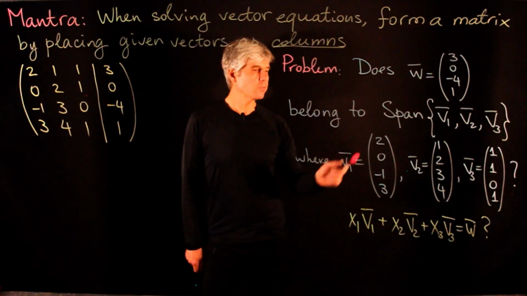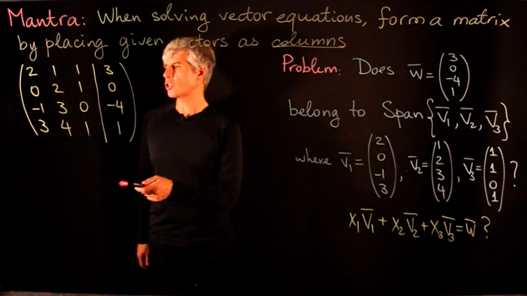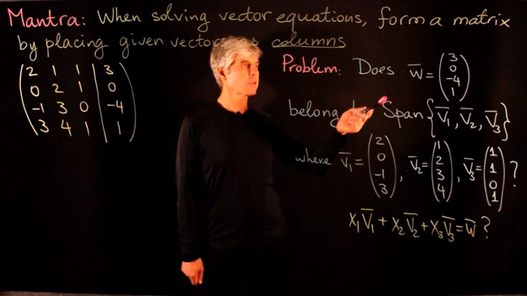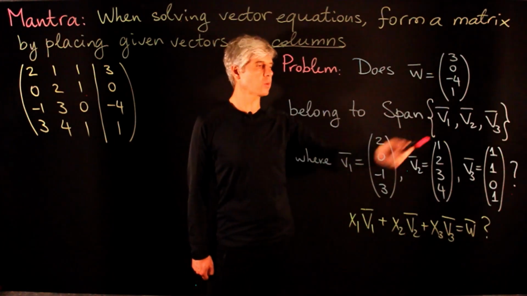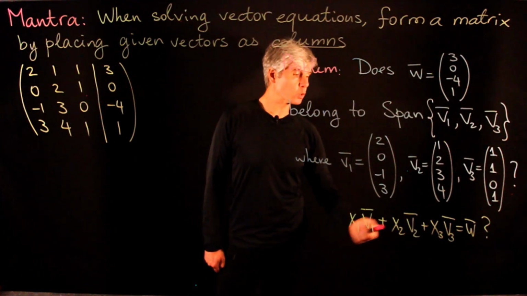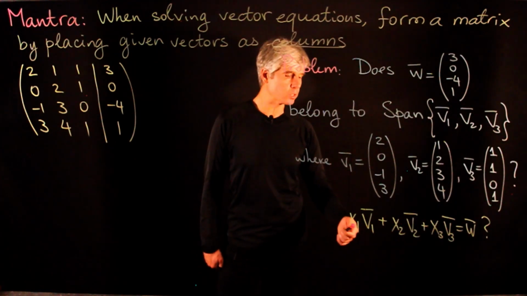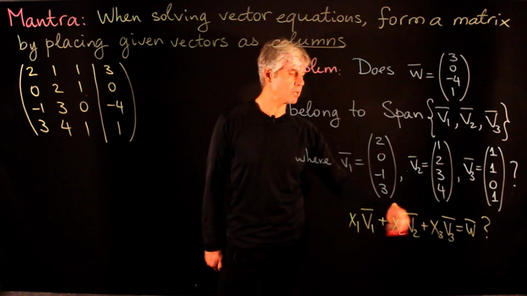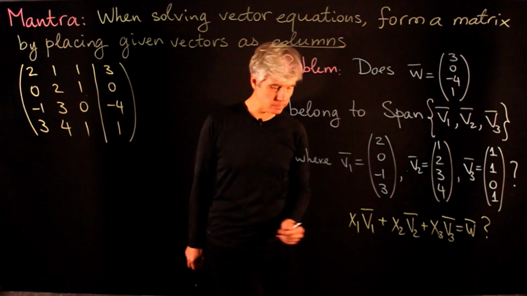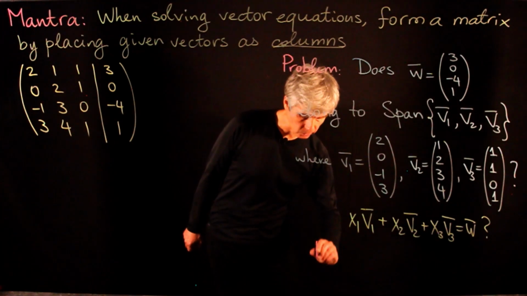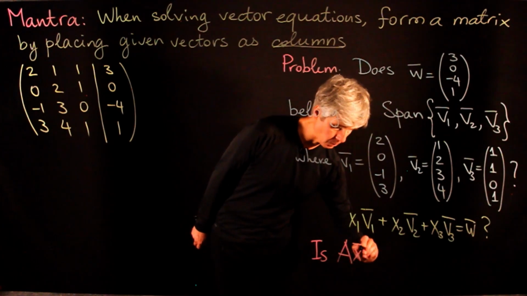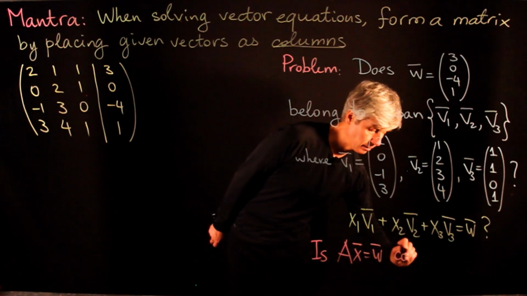So what's the meaning of this question in the language of systems of linear equations? Here we are asking whether a vector belongs to the span of the given 3 vectors. In other words, whether this vector equation is solvable. So are there values of unknowns x1, x2, x3 that give us equality? This clearly becomes equivalent to the question: is the system of linear equations that we've got, Ax equals w, consistent?